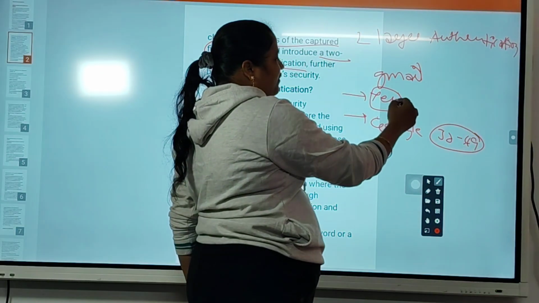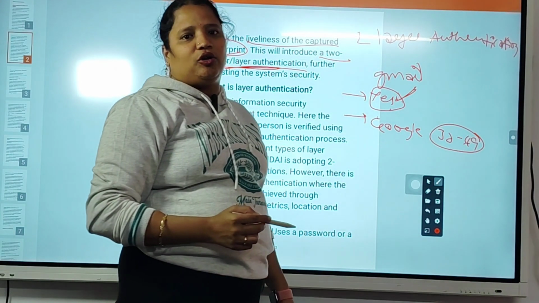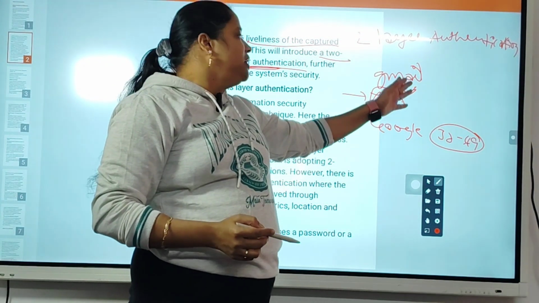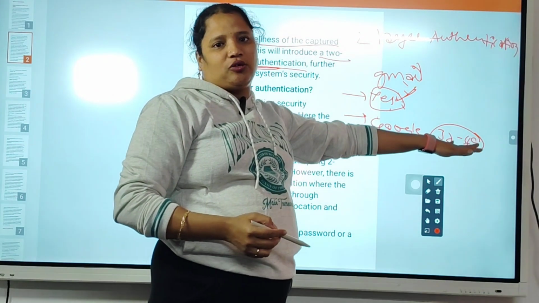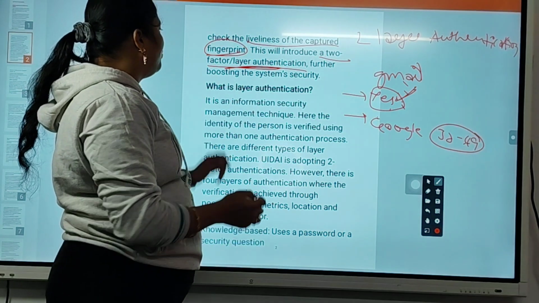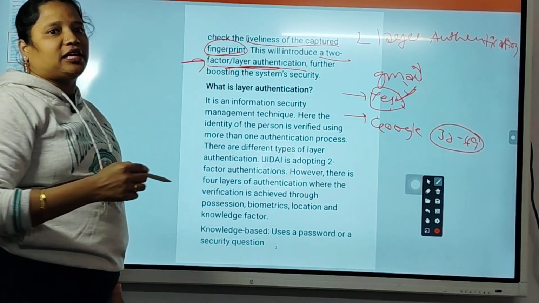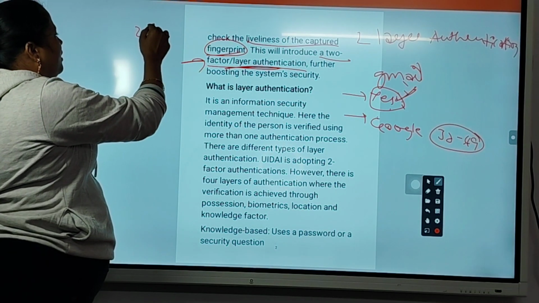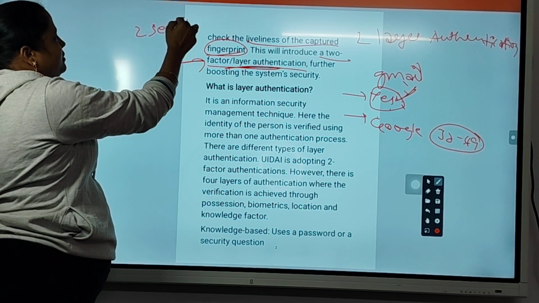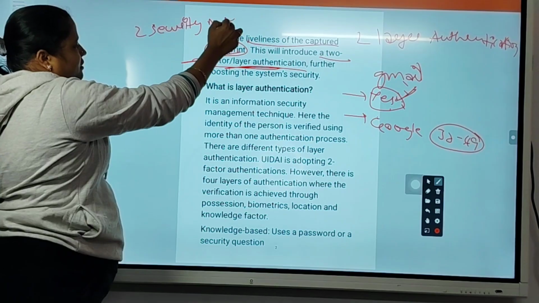First of all, they want to confirm the device is yours. Second, they want you to enter a verification code. So two-layer authentication is nothing but using two security methods.